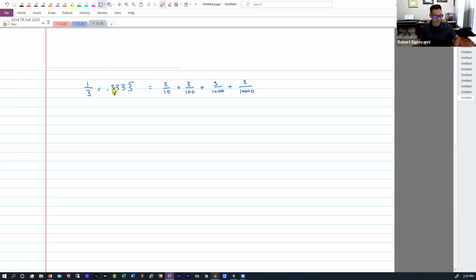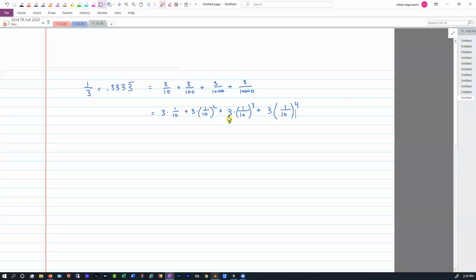Do you all see that this is just 3 times 1/10 plus 3 times 1/10 squared plus 3 times 1/10 cubed plus 3 times 1/10 to the 4th, right? Isn't that what this is? The terms are going to 0, but I'm trying to get you to see we've got a geometric series here.